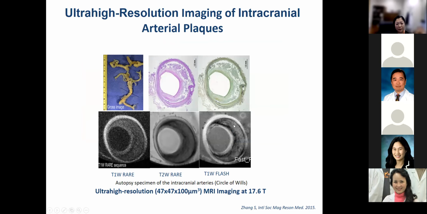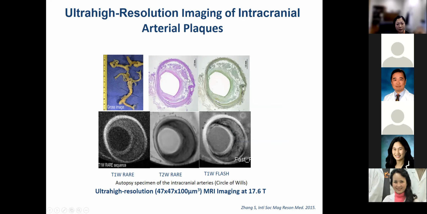Here I'm showing an ex vivo vessel study. We just wanted to do a proof of principle to see whether we can see the layers of the vessels. This is a basilar artery, and you can see 3 layers on the MRI image. This is the fibrous cap, this is the median layer, and this is the plaque.